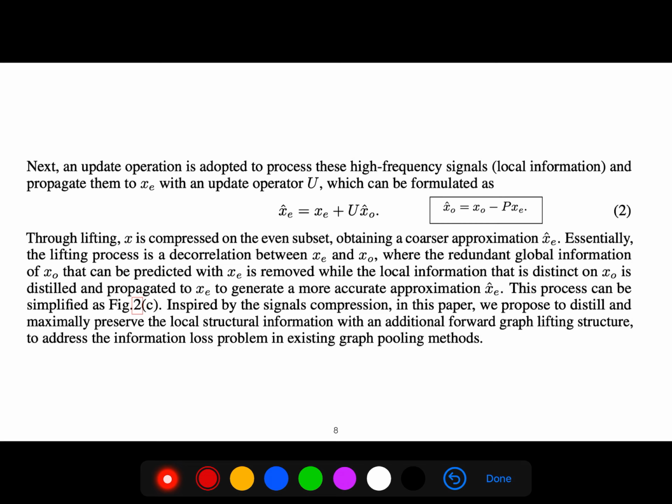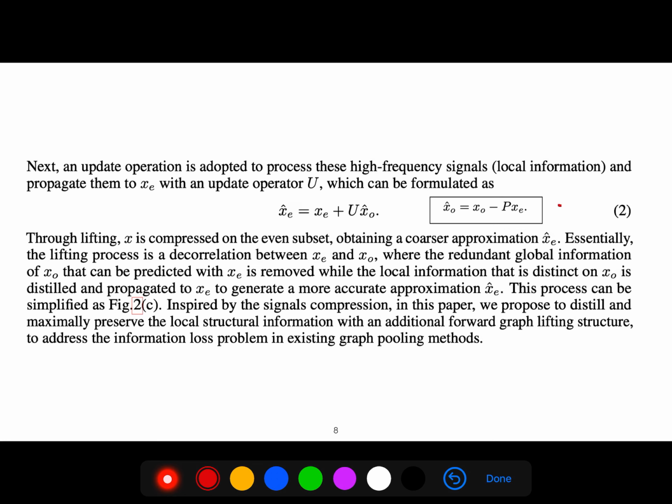So now an update operation is adopted to process these high-frequency signals and propagate them to x sub e with an update operator, which can be formulated like this. Through lifting, x is compressed on the even subset, obtaining a coarser approximation.